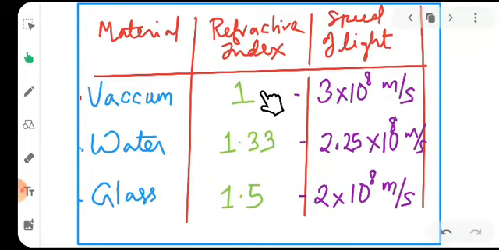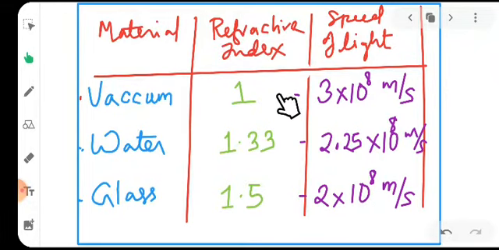Vacuum has a standard refractive index of 1, water has a refractive index of 1.33, and that of glass is 1.5. In the third column I have indicated the speed of light in each material. In vacuum it is 3 into 10 raised to 8 meter per second. In water it is 2.25 into 10 raised to 8 meter per second, and in glass it is just 2 into 10 raised to 8 meter per second.